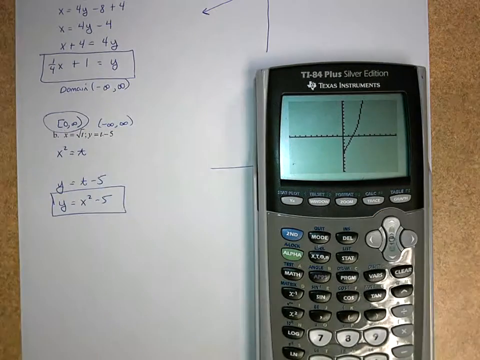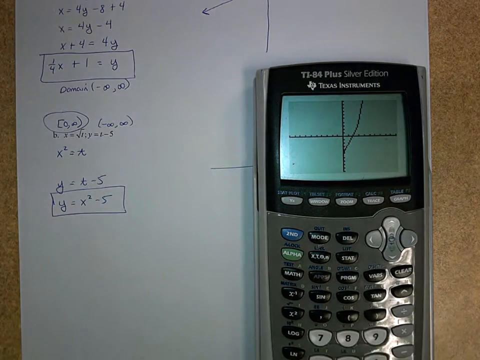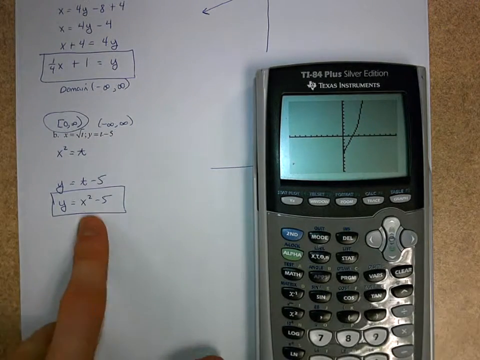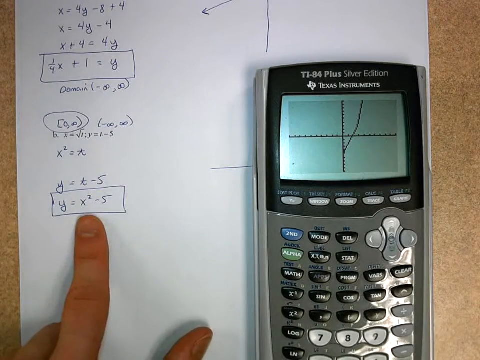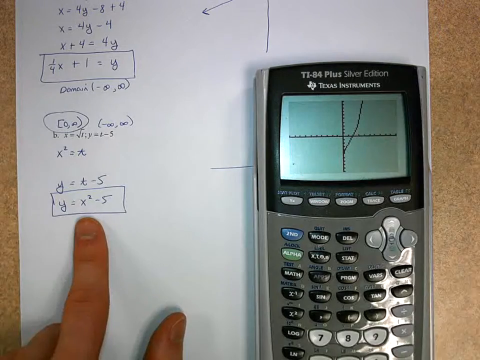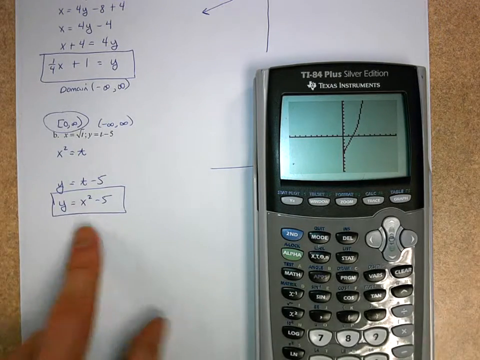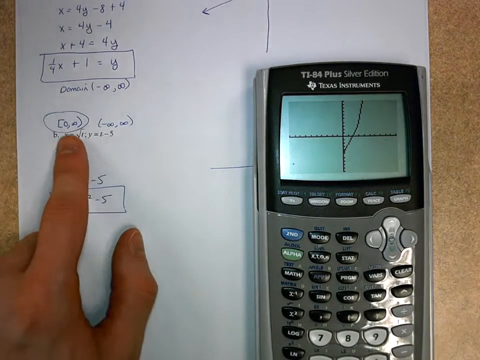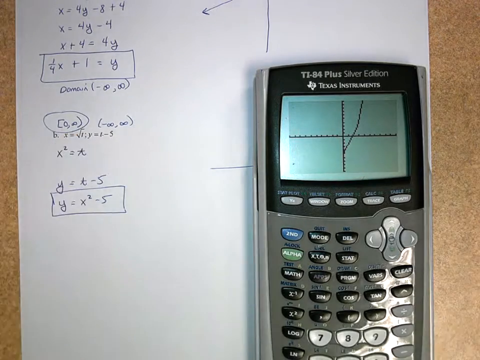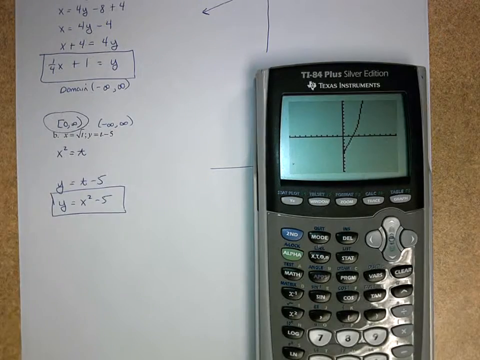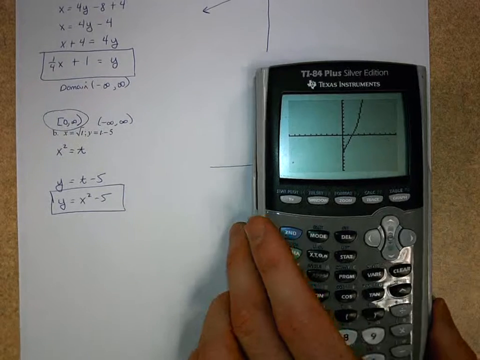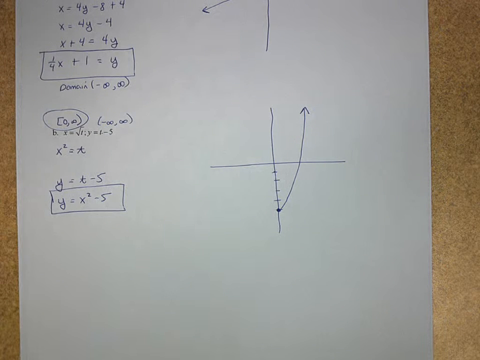I'll plug that in, and if I hit graph, you can see I only have the positive side of the parabola. So you've got to be very careful with these domains. If I were to plug x squared minus 5 into functional form, I would get both sides. But since it's coming from the parametric where my domain is restricted, I've got to keep the most restrictive domain in my final answer.